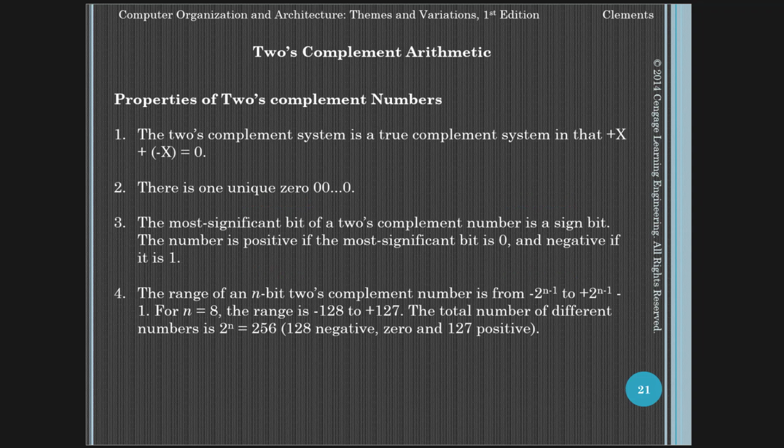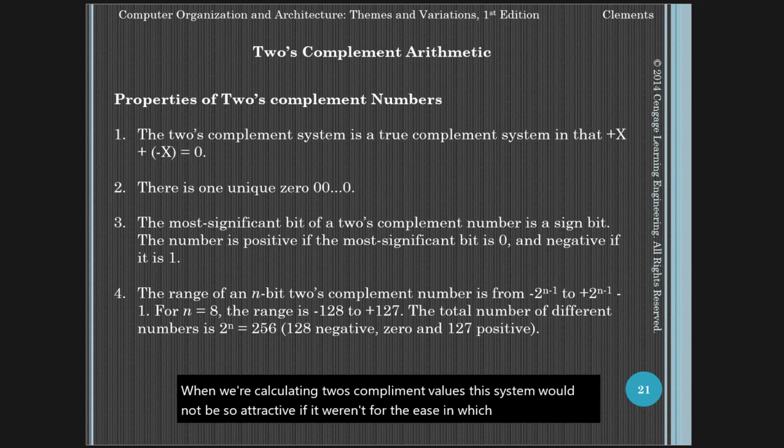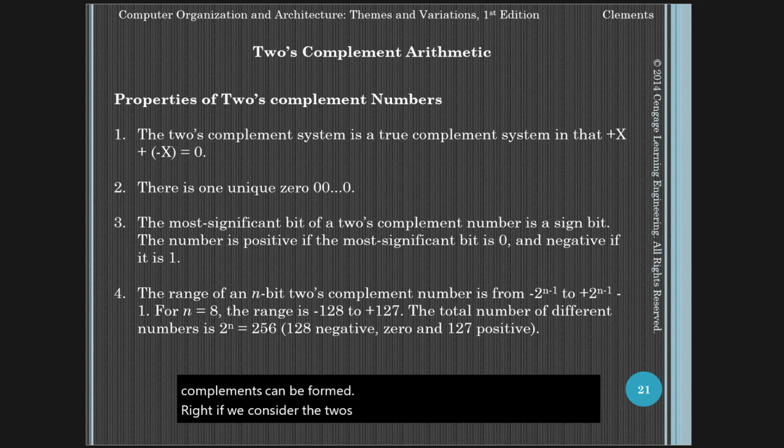So really, when we're calculating these 2's complement values, this system would not be so attractive if it weren't for the ease in which 2's complements can be formed. If we consider the 2's complement of n, then we could walk through and arrange the expression 2 to the n minus n by subtracting 1 from the 2 to the n and adding it to the result.